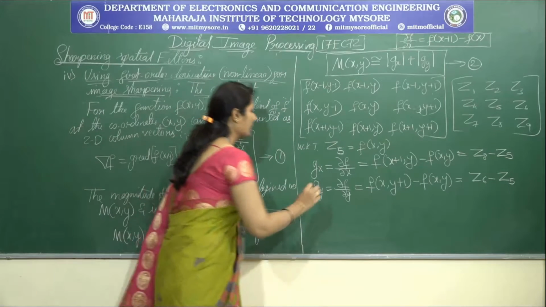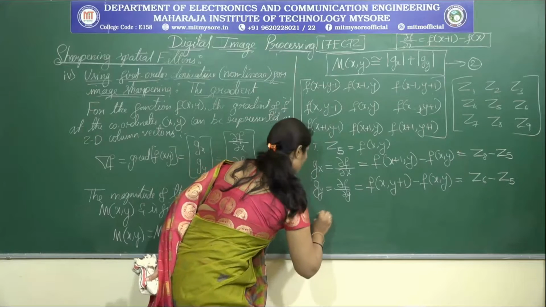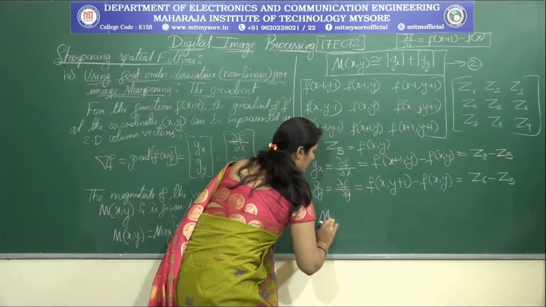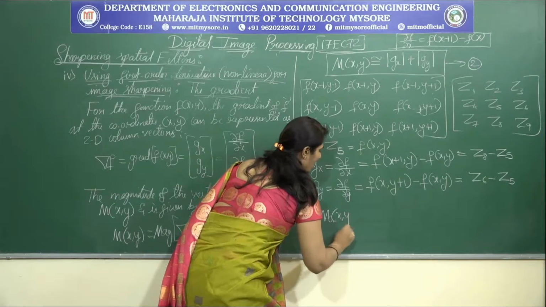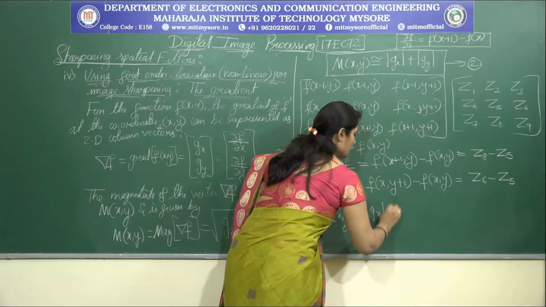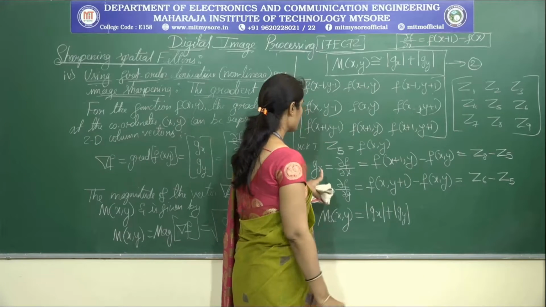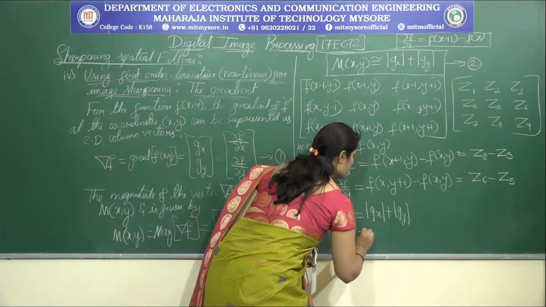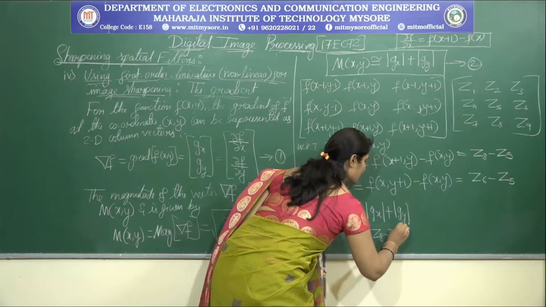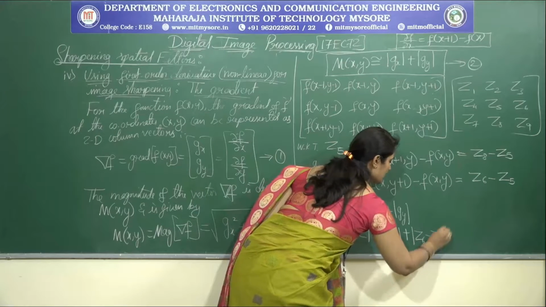So to find the magnitude, m of x comma y is equal to magnitude of gx plus magnitude of gy from equation number 2. Substituting gx and gy, this results in magnitude of z8 minus z5 plus magnitude of z6 minus z5.